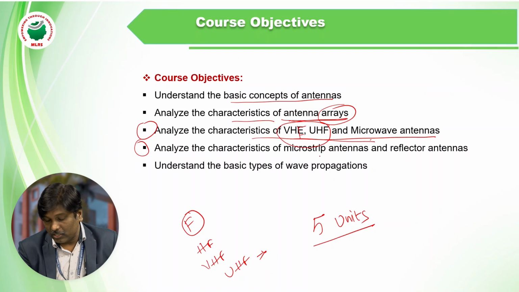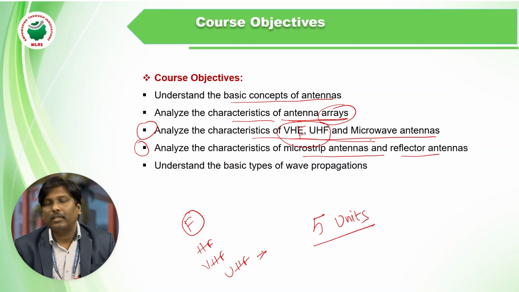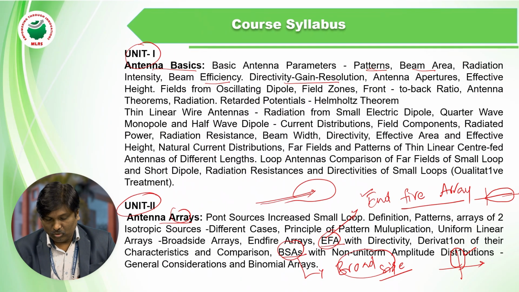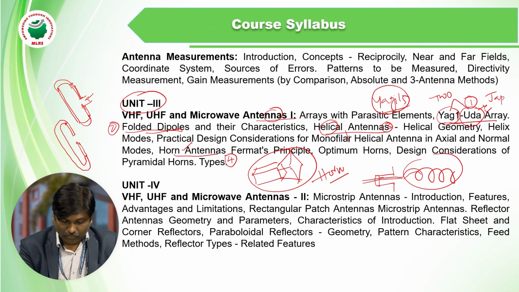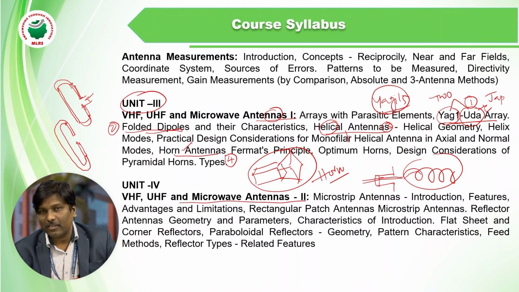Analyze the characteristics of microstrip antennas and reflector antennas. Previously we concentrated on VHF, UHF and microwave antennas. Now in the fourth unit we move on to microstrip antennas and reflector antennas. Moving into the syllabus, the fourth unit's name is VHF, UHF and microwave antennas 2.